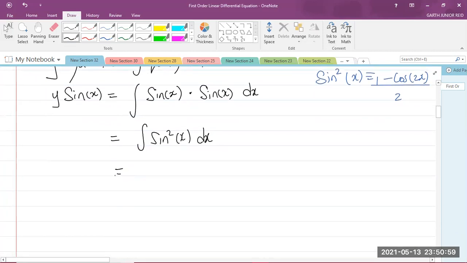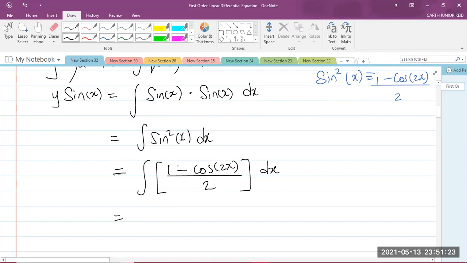So this is equal to the integral of 1 minus the cosine of 2x, dividing this by 2, and we're integrating that with respect to x. Good.